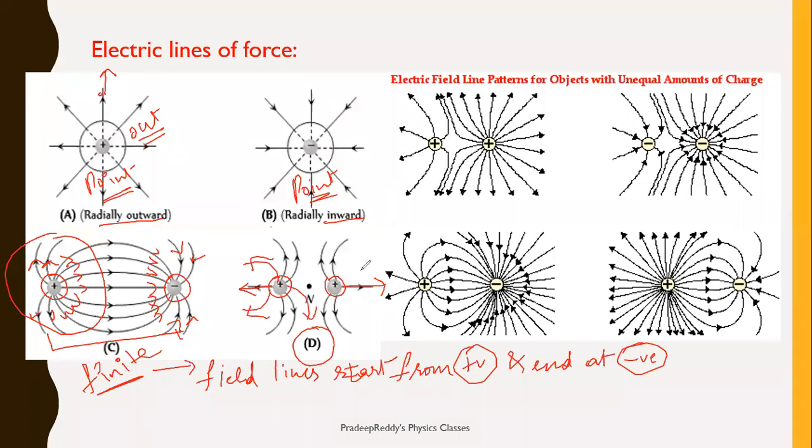From this positive charge also field lines will be outward. Therefore, at some particular point, say here, denoted with N, the field lines coming from the first charge and the field lines coming from the second charge get cancelled or nullified.